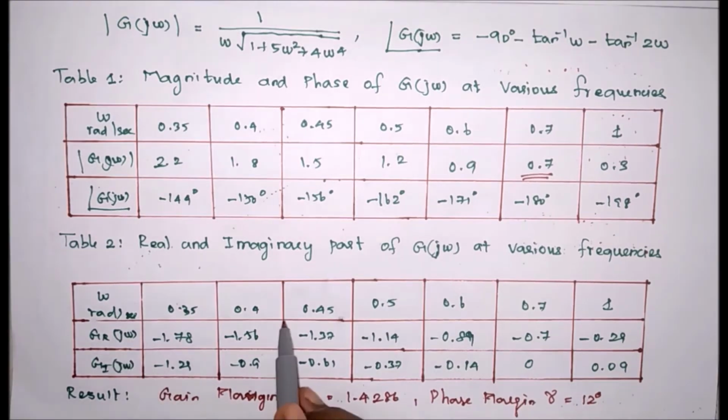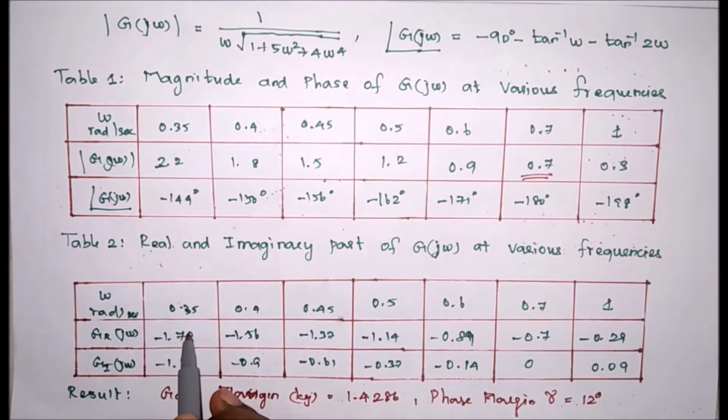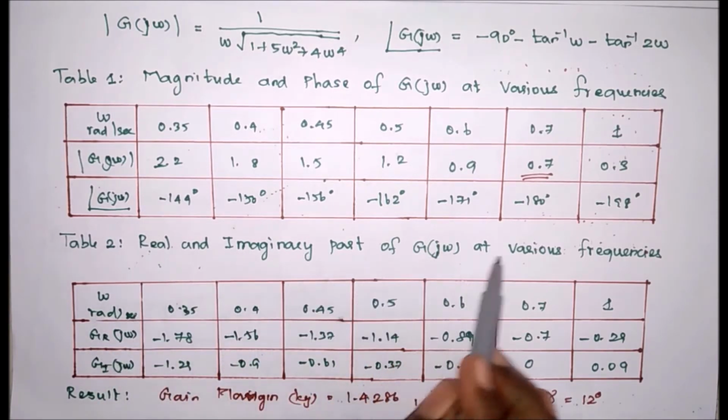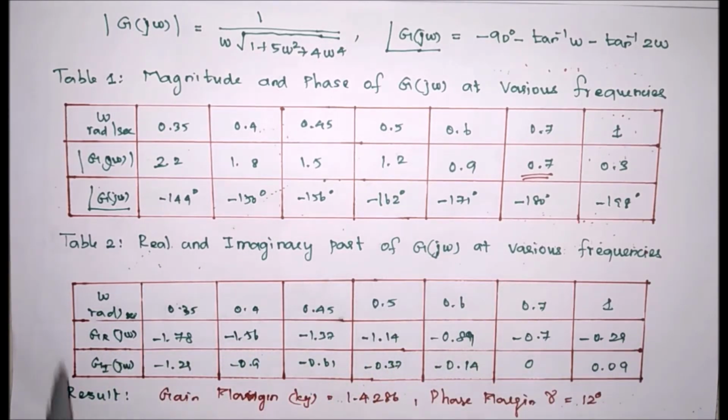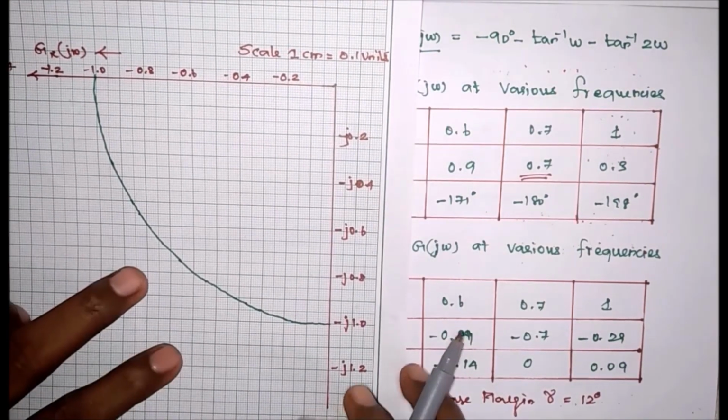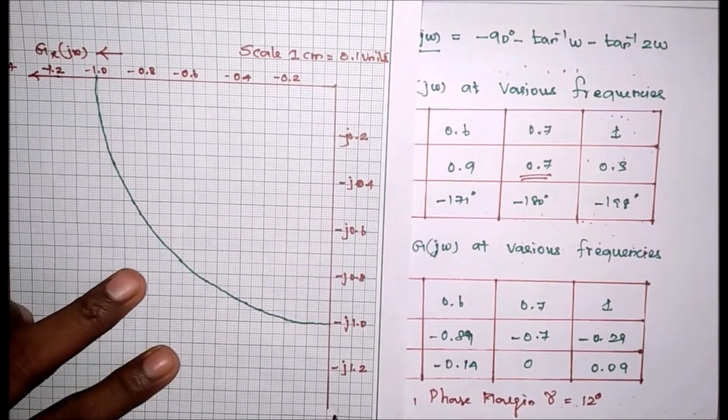This tabulation represents the real and imaginary parts of the gain at various frequencies. From this tabulation, we can draw the polar plot on an ordinary graph sheet also. On the ordinary graph sheet, we have to take a negative real axis and negative imaginary axis.